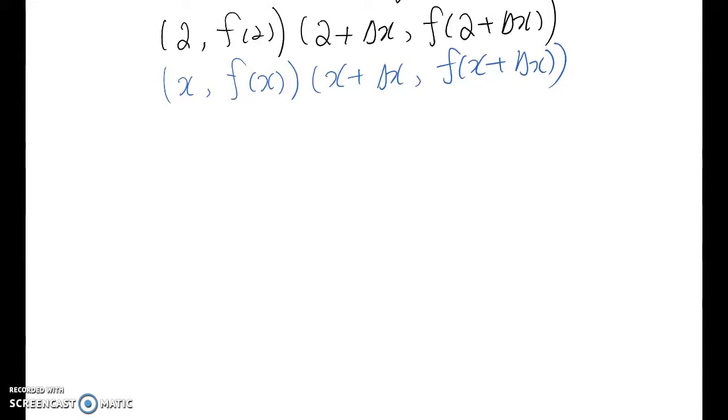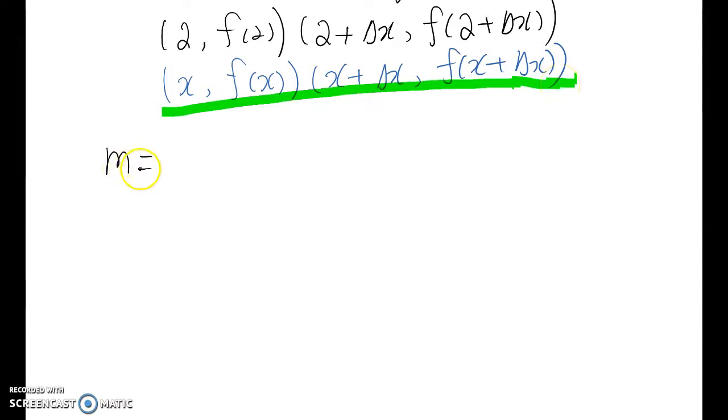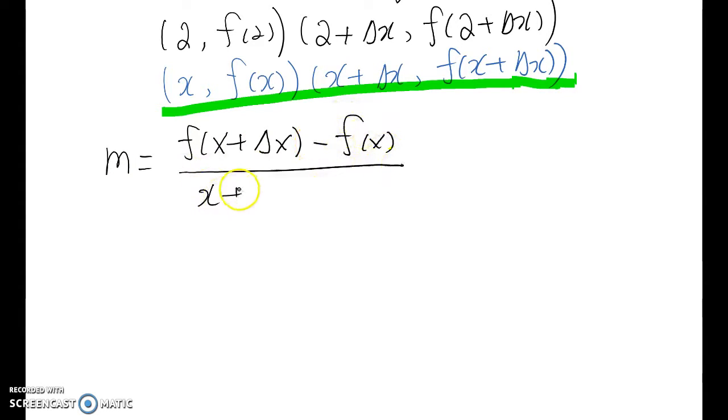Now, using this form, let's find the slope. Then m equals f(x + Δx) minus f(x) over (x + Δx) minus x, right?